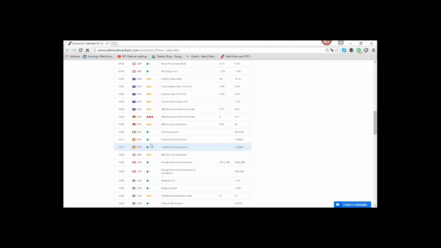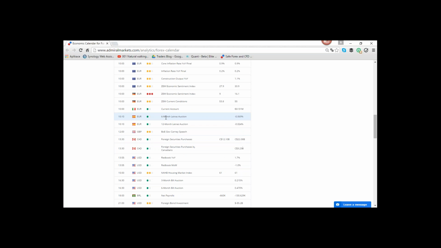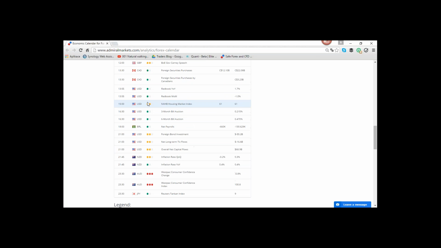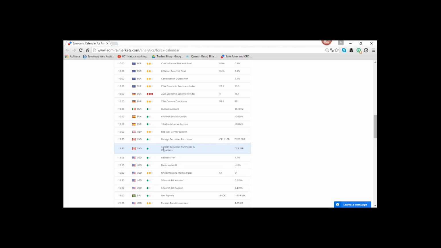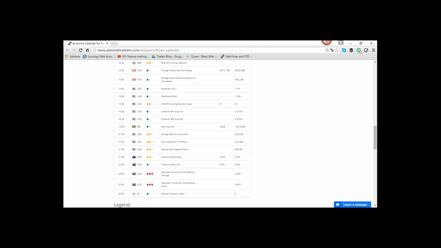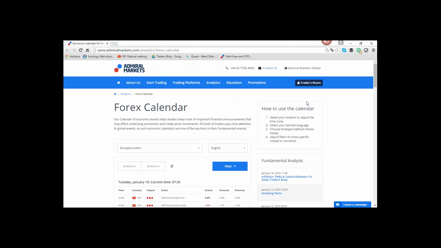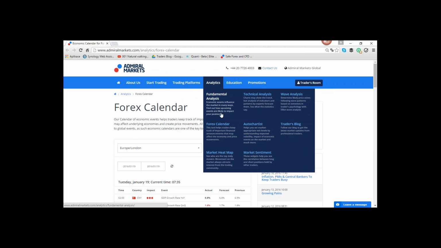Core inflation rate, and economic sentiment on the German side, and some dollar news. Okay, so we got some stuff going on on euro and pound, dollar, some minor news, I should say.